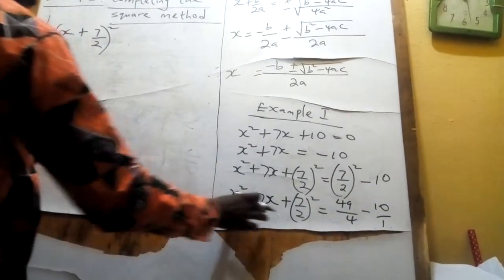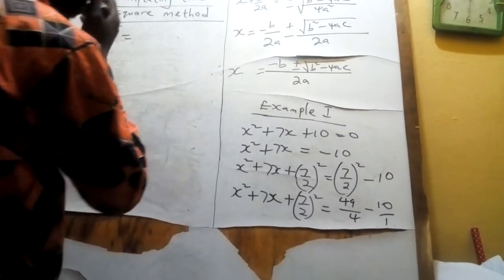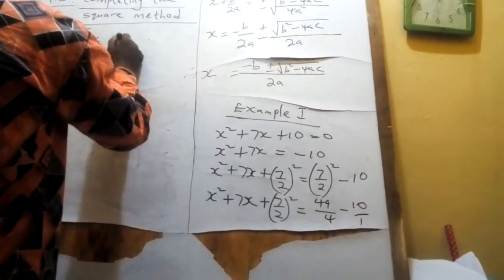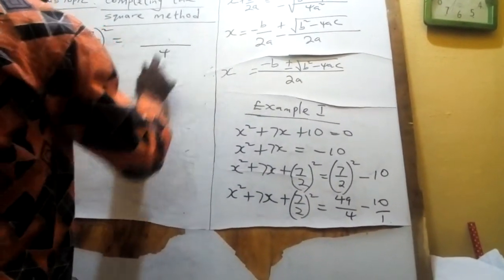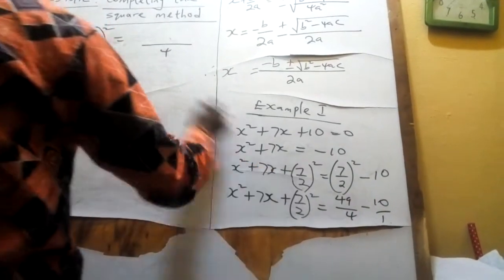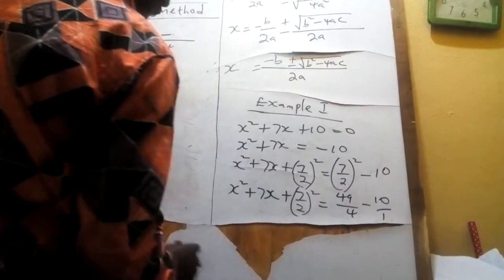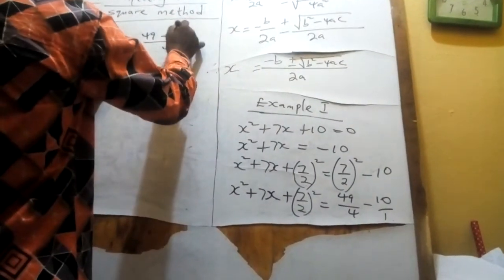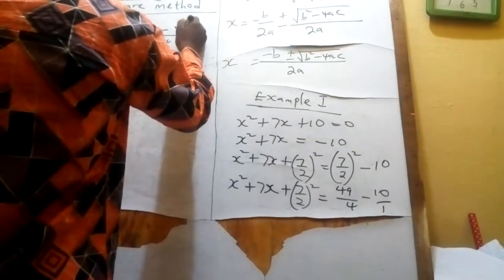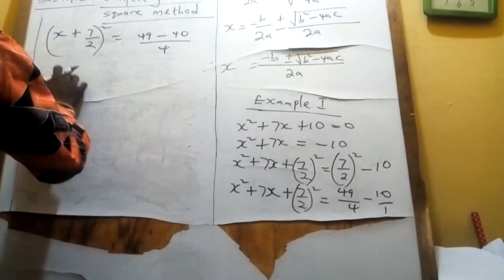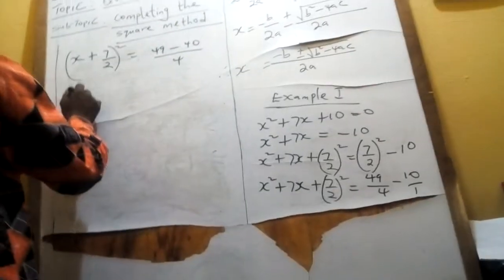When you expand this, you have this, which is equal to the LCM of this and this. Let's find the LCM, which is 4. 4 in 4 is 1. 1 times 49, which is your numerator, is 49, minus 1 in 4 is 4, and 4 times 10 is 40. Do you agree? I believe you understand this. And this one now becomes x.